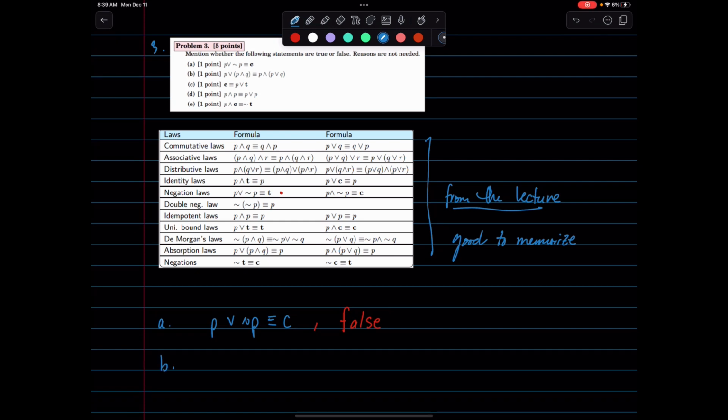B, P or P and Q equals P and P or Q. Let's try to find this one.